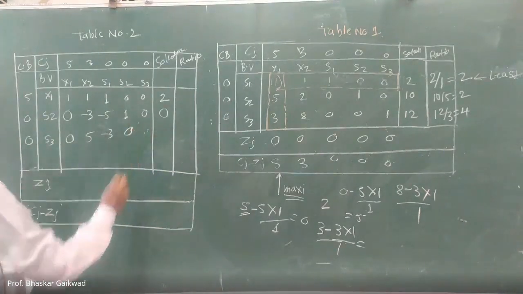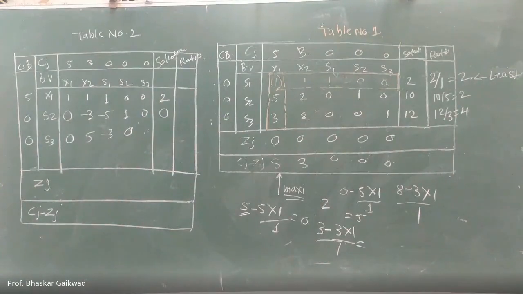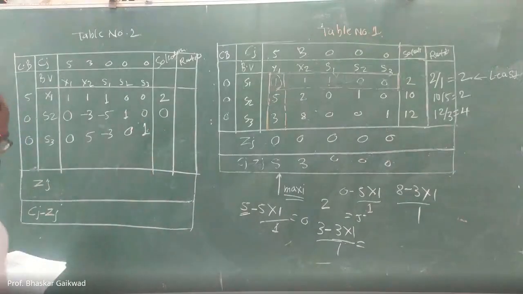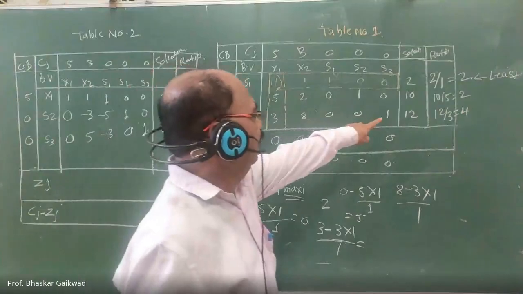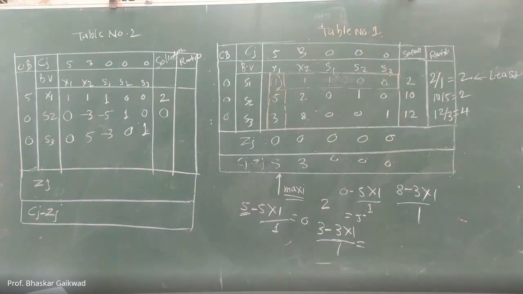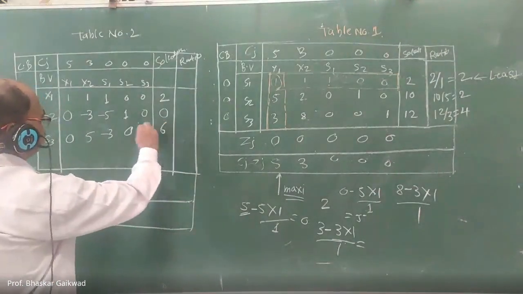What should be here? 1. Here it is 12, so it is 6. Correct.